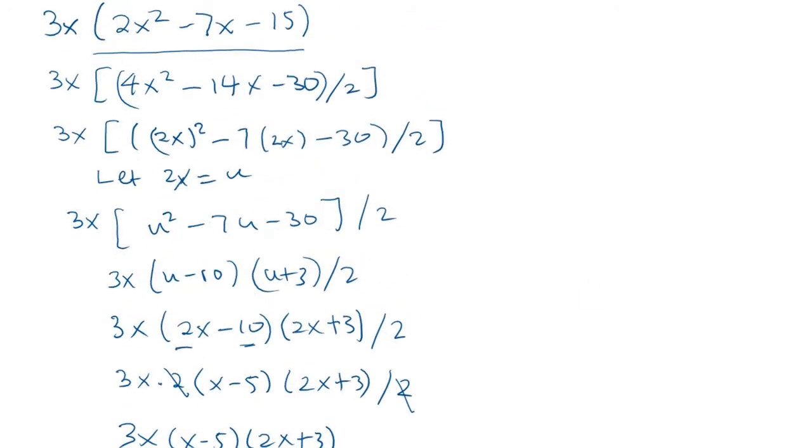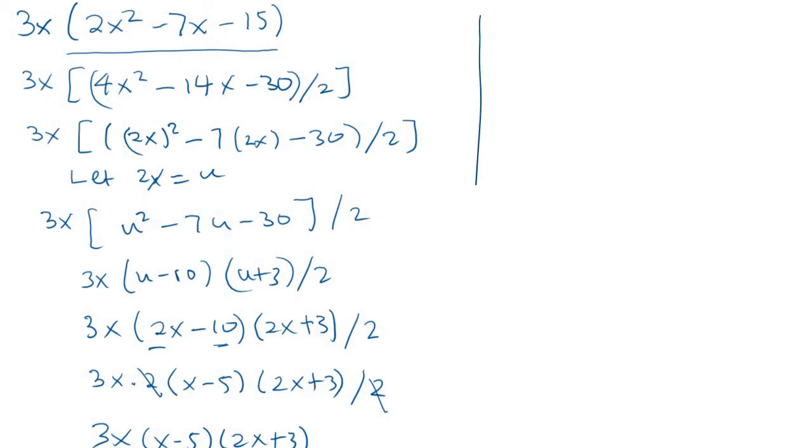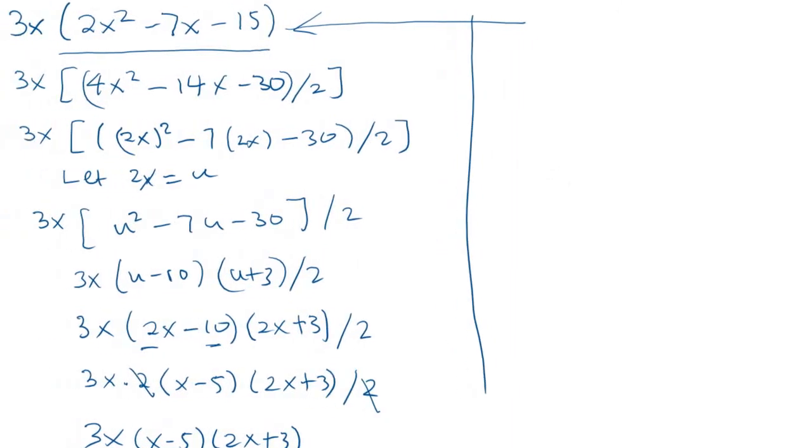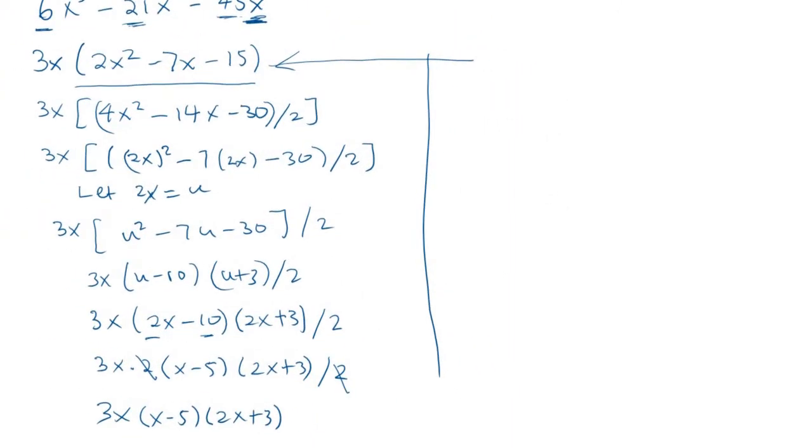So now, I promised I was going to do it two ways. This is the other way to do it. We're going to go from right here after we pull out the common factor. What we're going to do is factor the inside. 2 times negative 15 is negative 30, and negative 30 will be negative 10 and 3, like we found. So we're going to write it like this: 3x times 2x squared minus 7x minus 15.